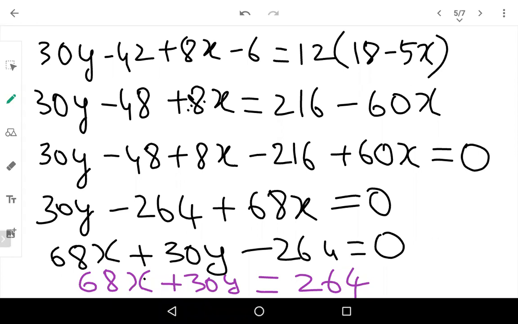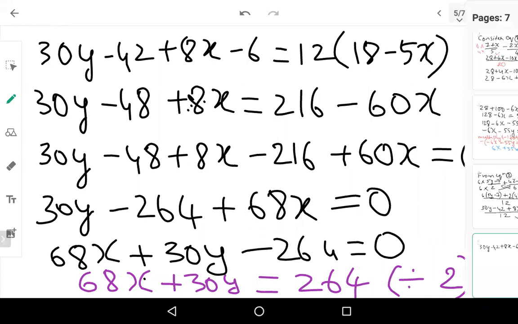So what we can do is, we can divide this equation by 2. Whenever you get such big numbers, if everything is divisible, then divide the equation and get it to a simplified format, so it is easy for you to do the simultaneous equation.